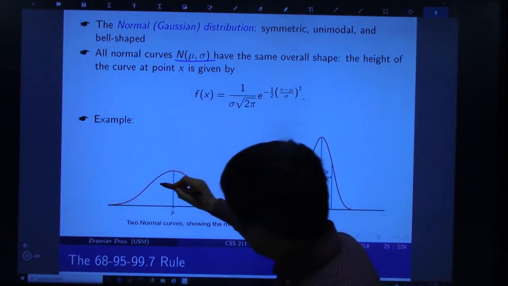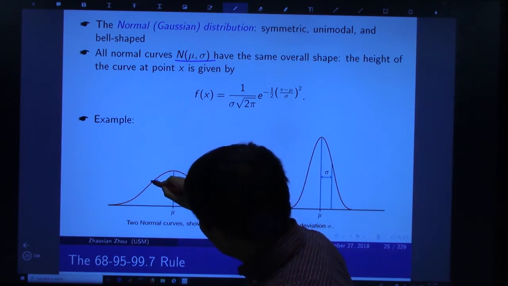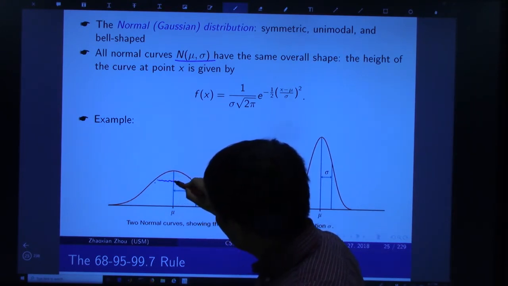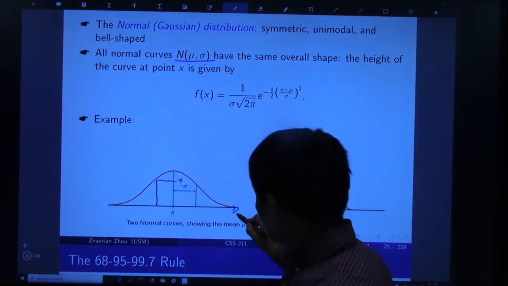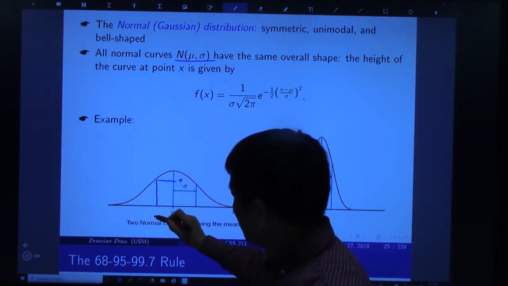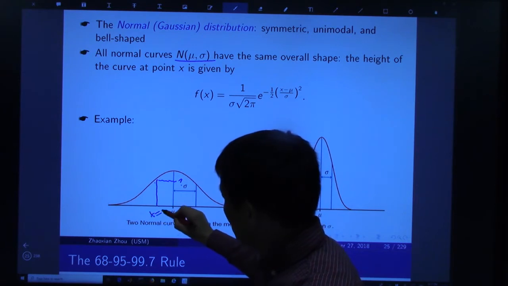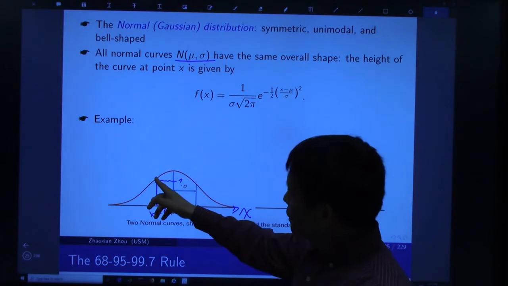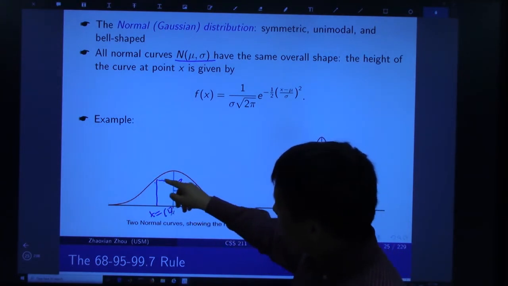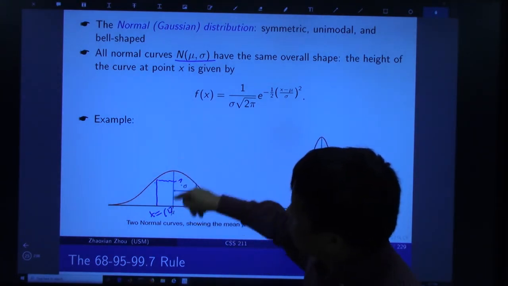For example, if I want to know how high this point is, suppose this is x, and x equals 10, what is the value on the y-axis?